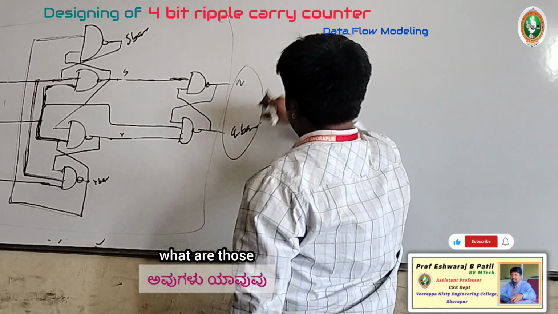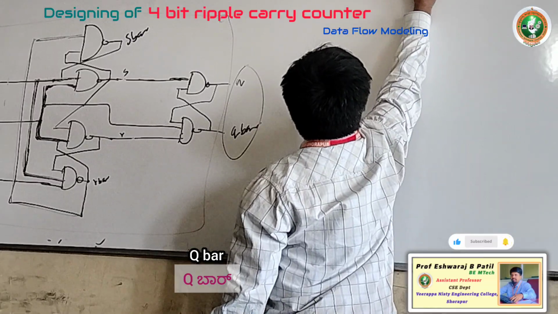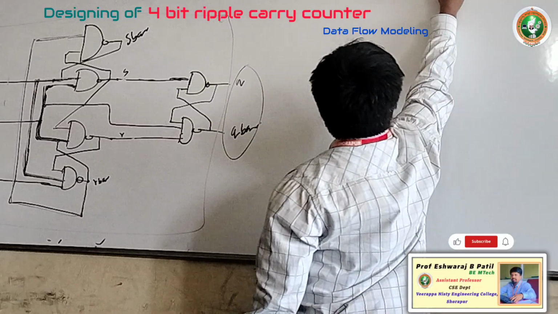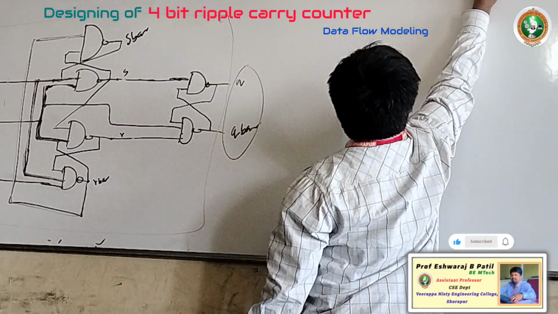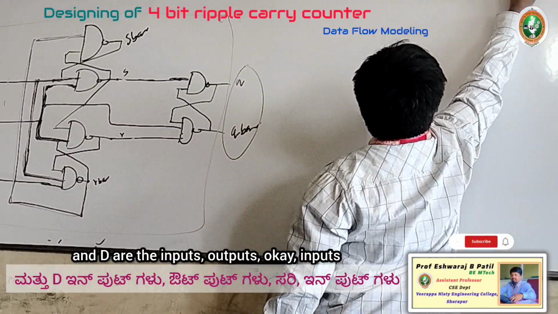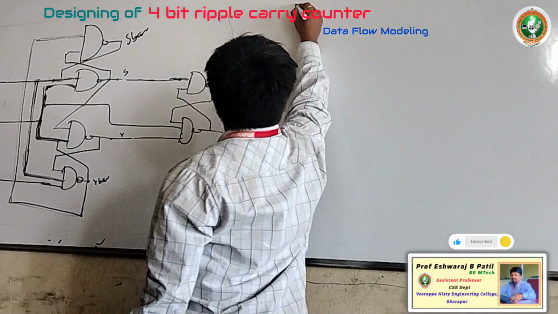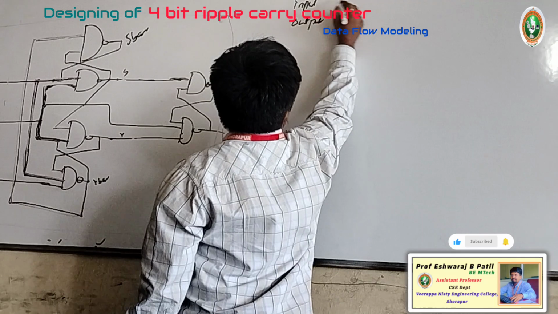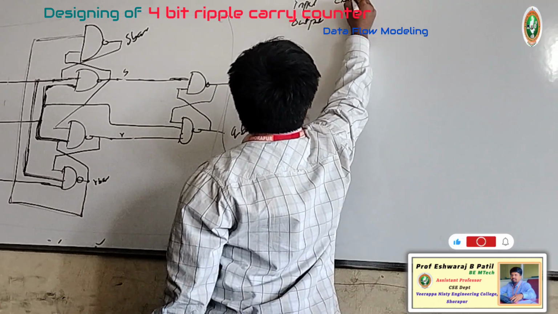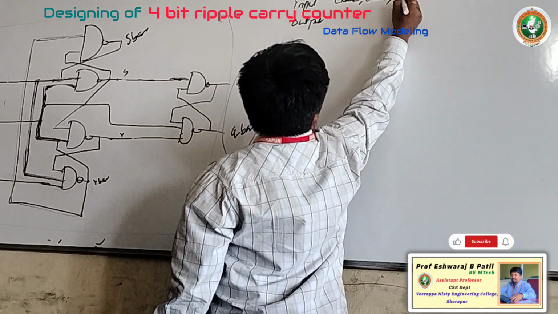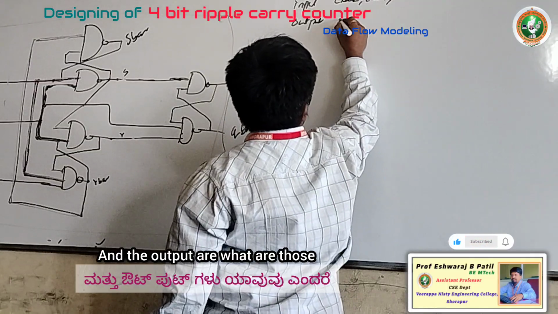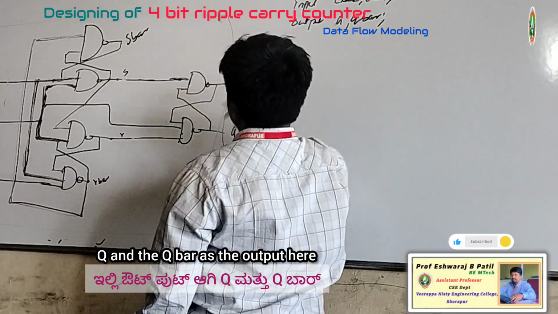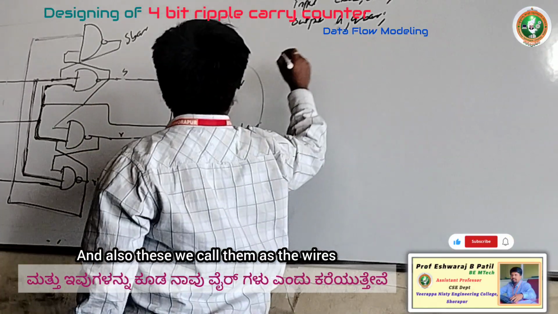The outputs are Q and Q bar, and the inputs are clear, clock, and D. Identify the inputs and outputs separately. Clock, clear, and D are the inputs, and Q and Q bar are the outputs. We also define the wires.